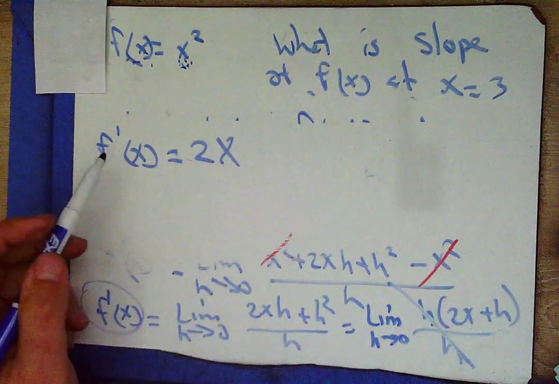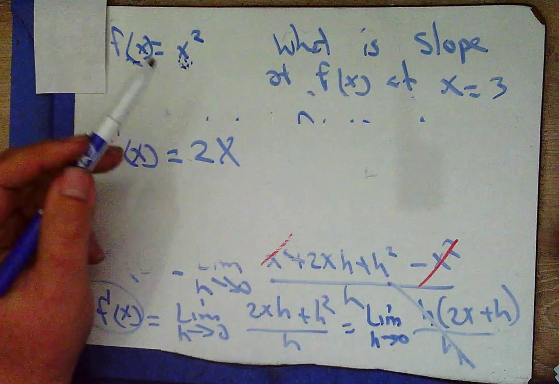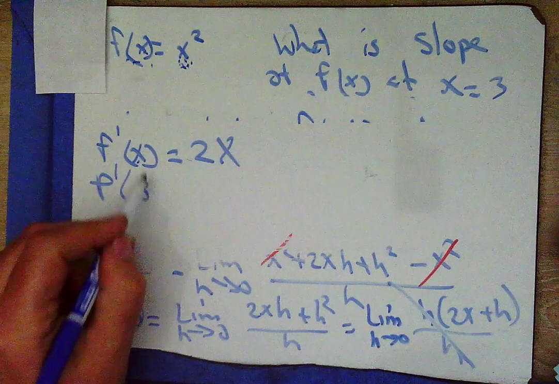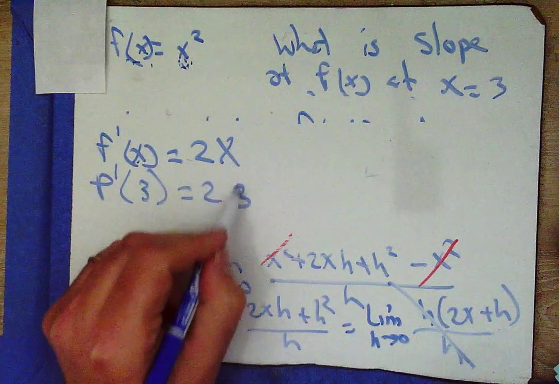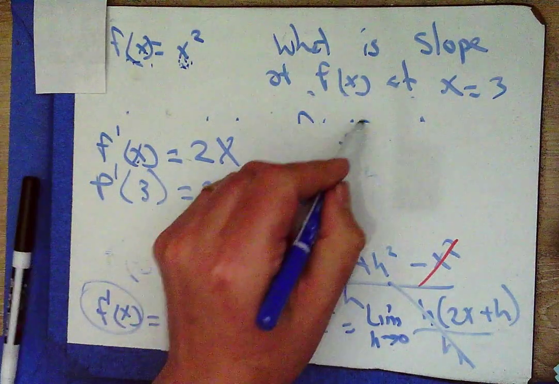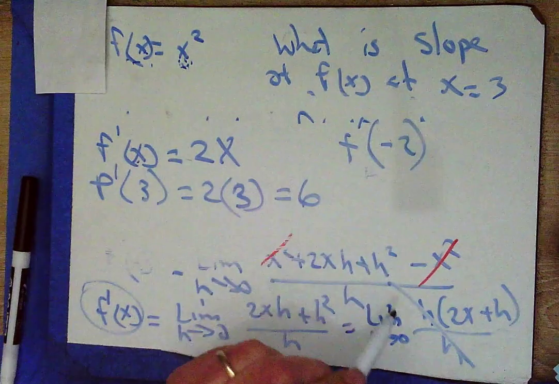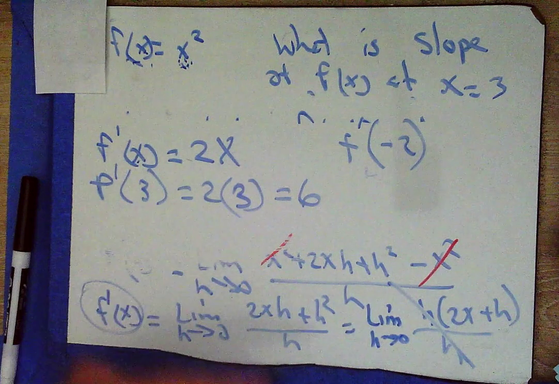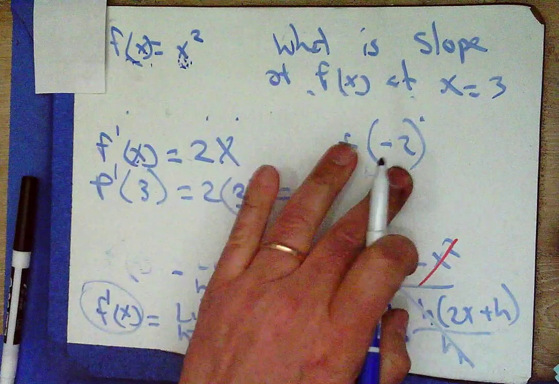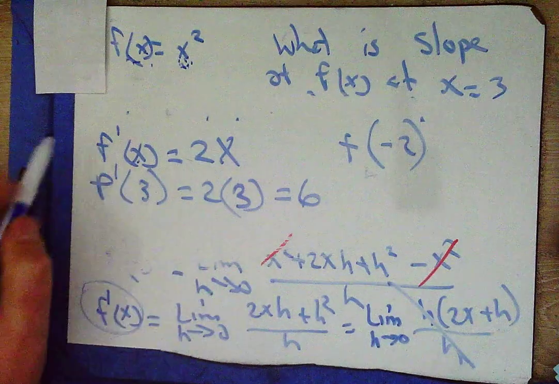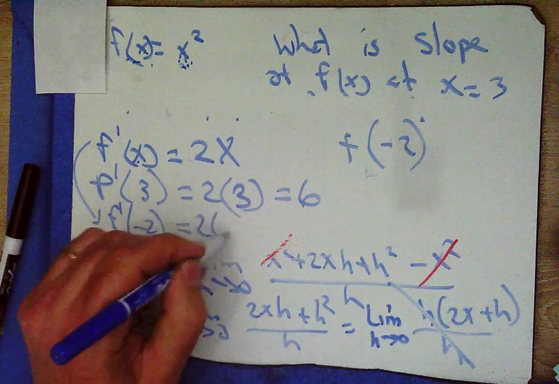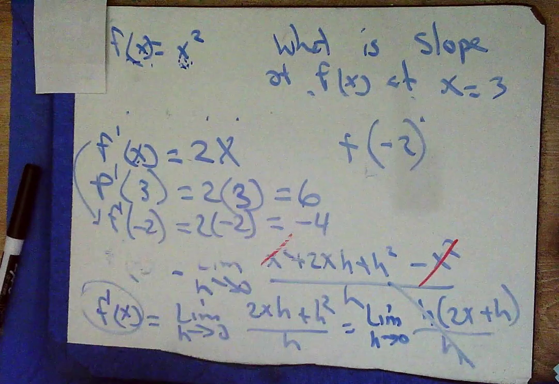If I want to know the slope at any point on f, I just plug that point into f prime of x. So I want to know f prime of 3? No problem. I just plug a 3 in and get my 6. But what if I want to know f prime at negative 2? Well, I'd have to redo the limit definition of the derivative at negative 2 now, but since I have the general derivative, I can say f prime of negative 2 is simply 2 times negative 2, or negative 4.